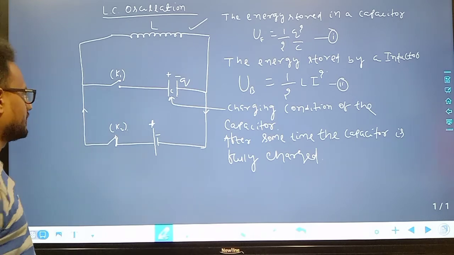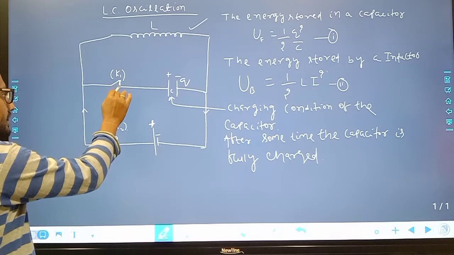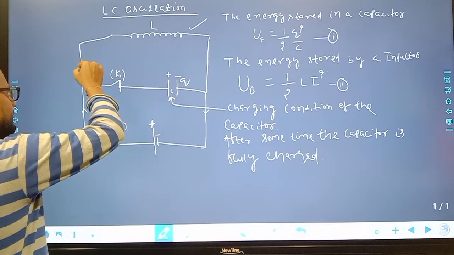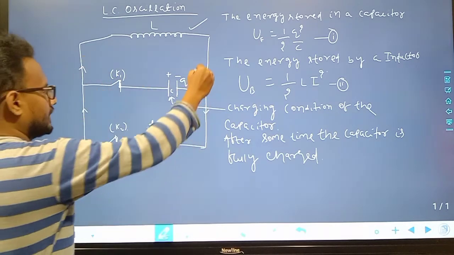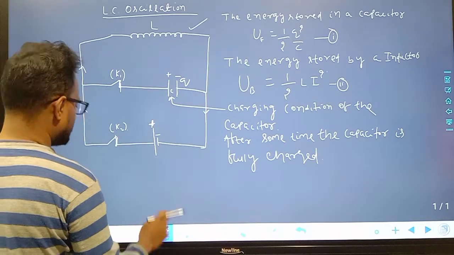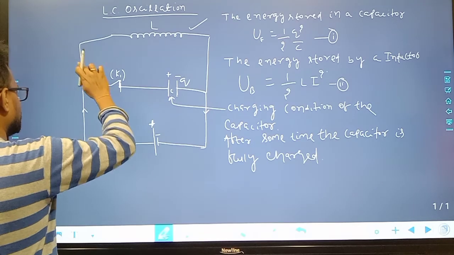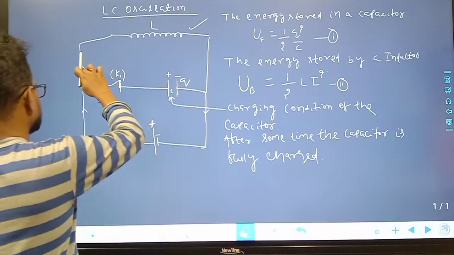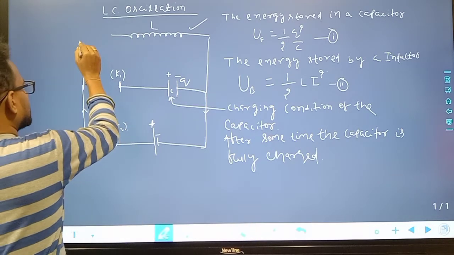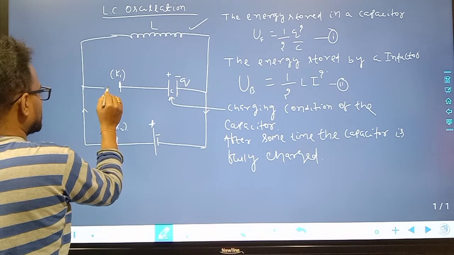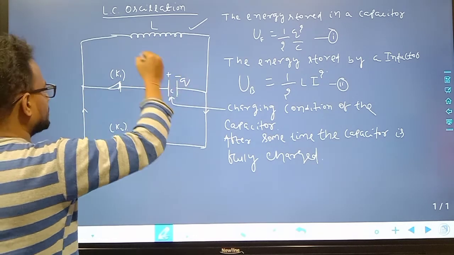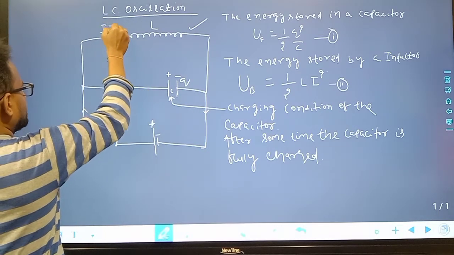Now when K1 is closed, the current flows from the positive end to the negative end. But initially, when the charge is equal to Q, the current I is equal to 0.